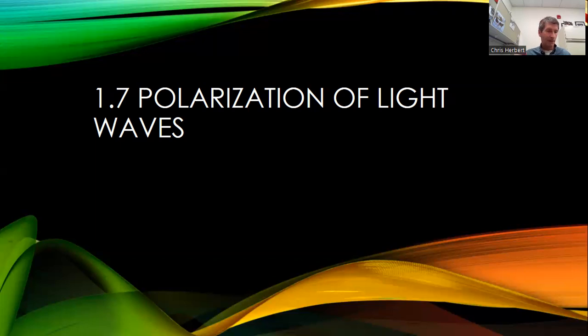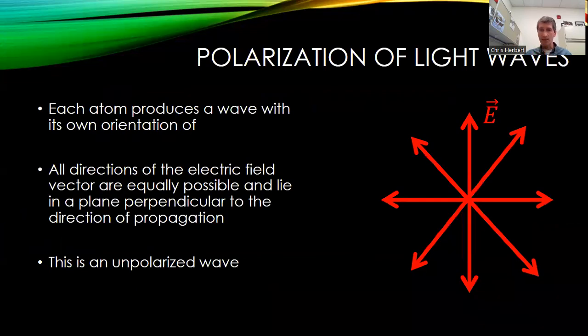It might have some preferred axis where the electrons are restricted, where they more easily oscillate in one direction than another, or they might have different resonant frequencies depending on which direction they're pulled. So the polarization of light really talks about how this electric field or magnetic field is oscillating.